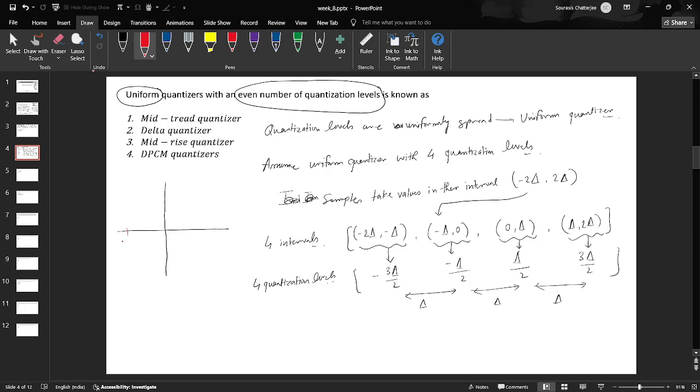Let's say this is minus 2 delta, this one is minus delta, this one here is delta, and this one here is 2 delta. Similarly, on the y axis also you need to have delta, minus delta, minus 2 delta, and 2 delta here.